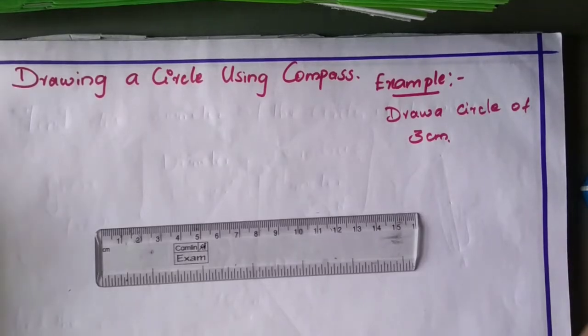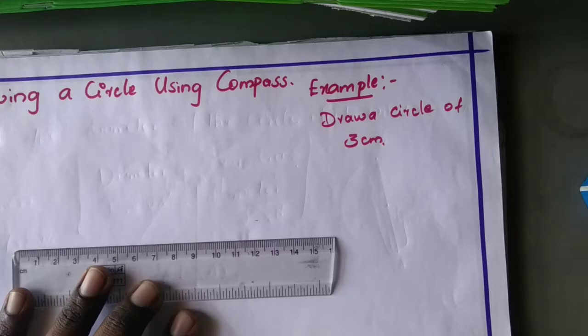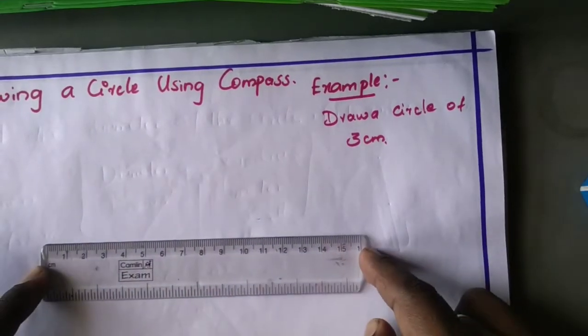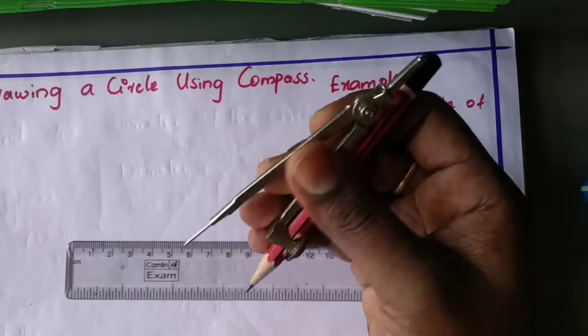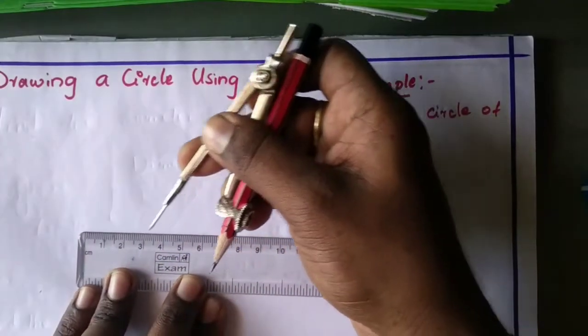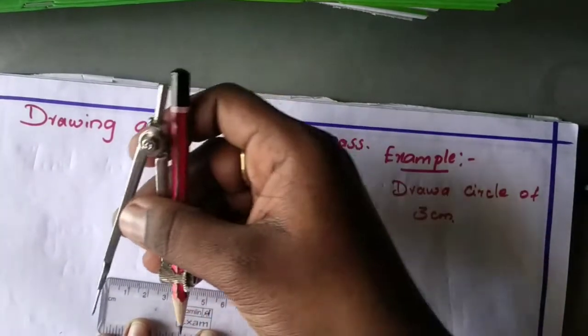Here our example is: draw a circle of 3 centimeters. Take your scale. Take the compass. From the starting point, shown as 0 on the scale, go from 0 to 3.